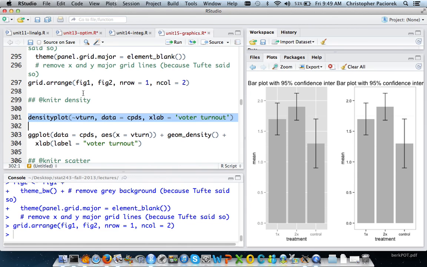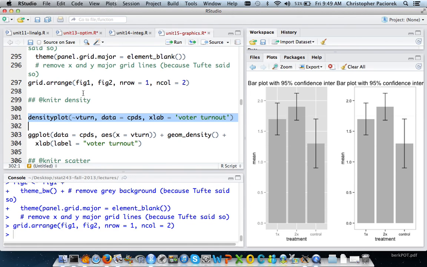So lattice is generally more in the nature of having a single call to a single function, although you can add stuff on. Whereas ggplot is this idea of adding together these objects. And lattice will generally use the sort of notation, formulas, that you would see if you were using lm or glm.